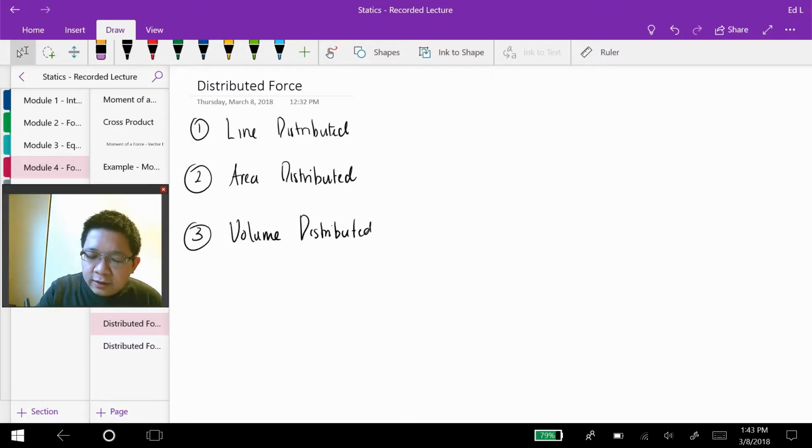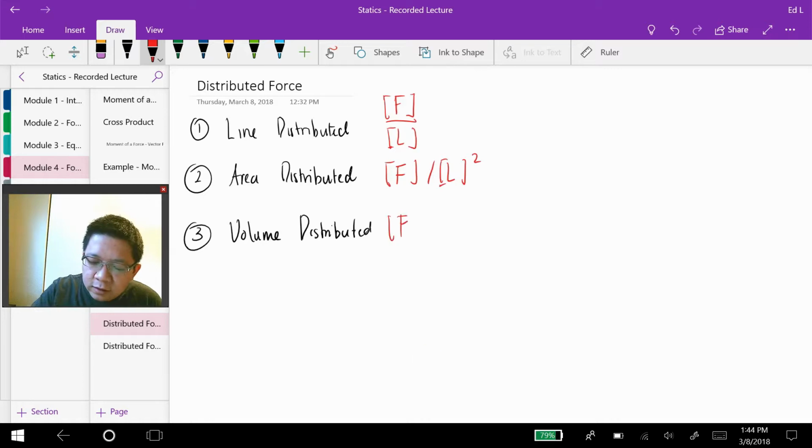For the line distributed force, it will have a unit of force divided by length. For the area distributed force, it will have a unit of force divided by length square. And the volume distributed force will have a unit of force divided by length cube.